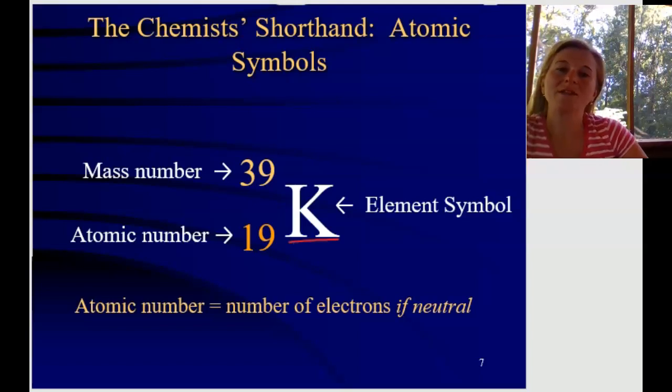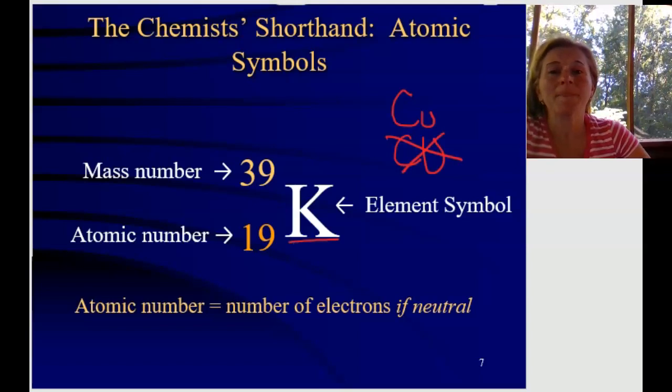If we have a symbol that is two letters, like copper, we're going to use a capital and a lowercase. Because remember, if we have two capitals together, that's going to be two different elements bonded together. So if I have a capital C and a capital U, that's carbon and uranium bonded together. So we want to make sure we capitalize appropriately.